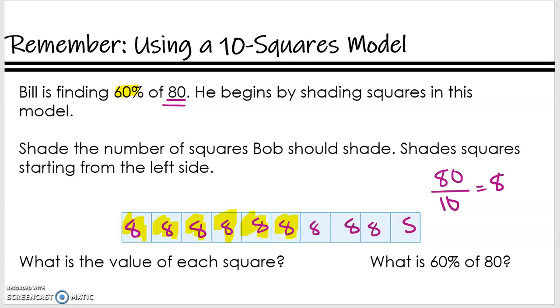We have 6 of those, so 8 times 6 is going to give us our percentage, and that is 48. So 48 is 60% of 80. Okay, so let's move on.